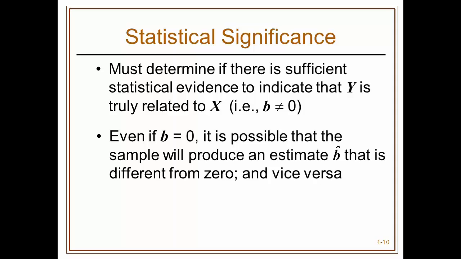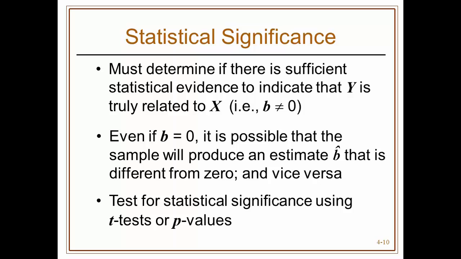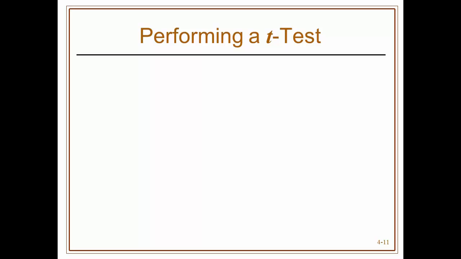So again, it cuts both ways, and we have to come up with a measure of this statistical significance. There are different tests that we'll use for this, and they're going to fall into the t statistic and p values. Even though there are two tests here, they're actually related. There's always this chance that the actual relationship between x and y is 0, even though the parameter estimate may not be 0.